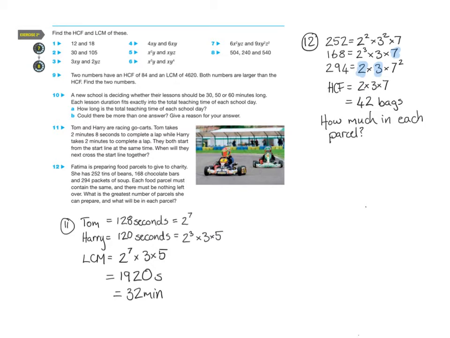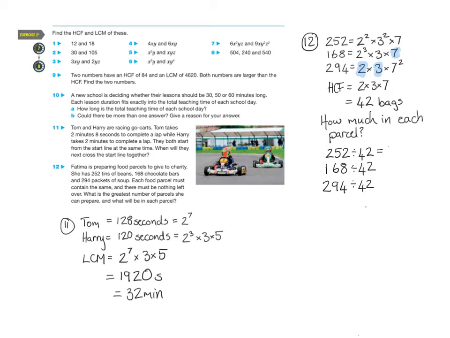So how much can go into each? Well, all we need to do then is divide 252 by 42. I said 254, but oh well. And then the other one by 42, and the last one is going to be 294 divided by 42.